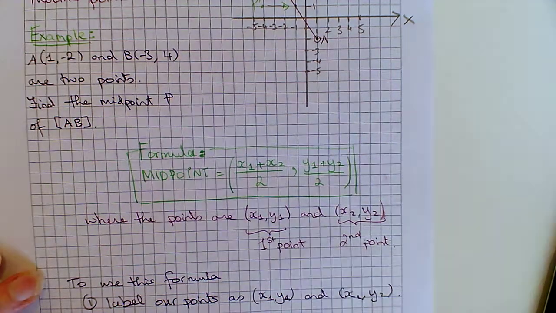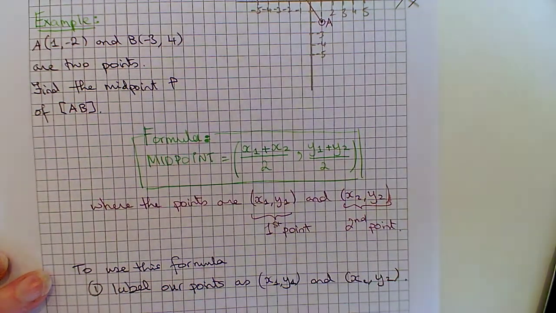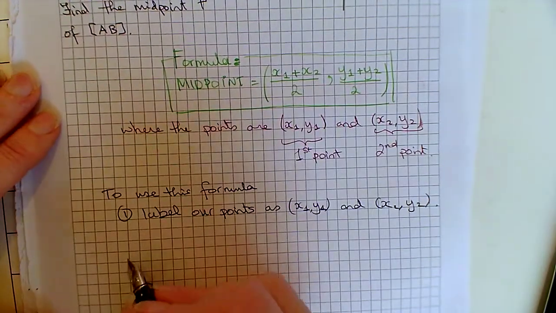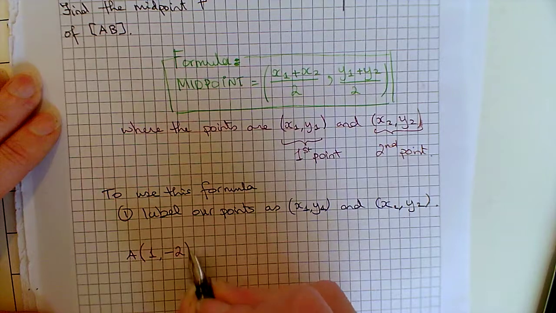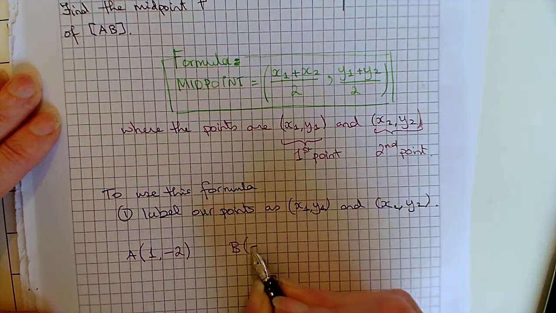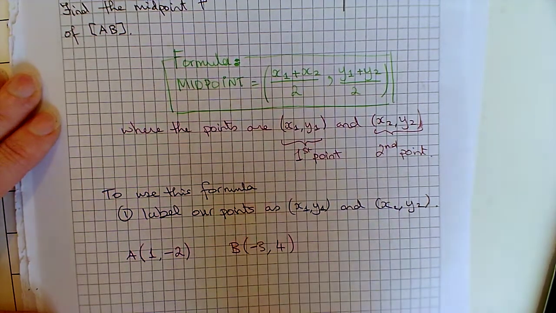It doesn't actually matter which one you call the first point and which one you call the second point, because the halfway is going to be the same in both cases. So remember, we had A, which is (1, -2), and B, which is (-3, 4).